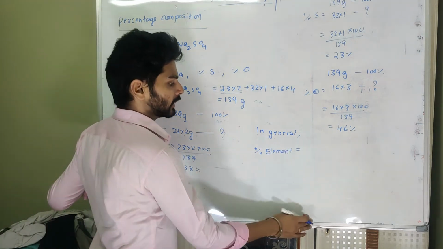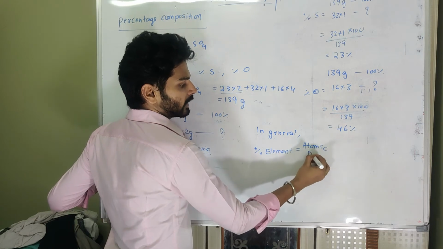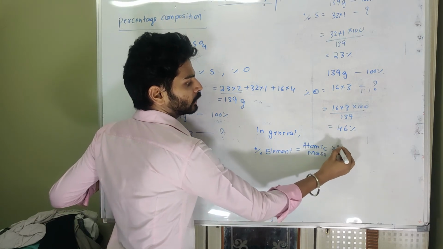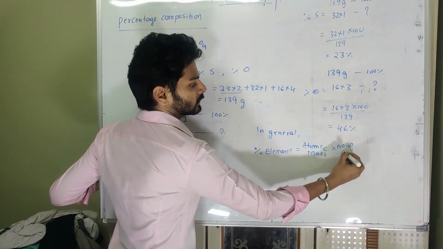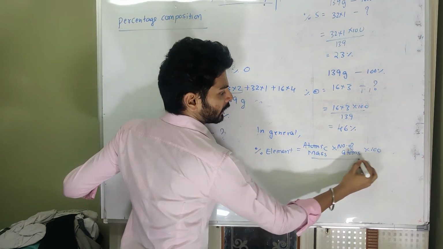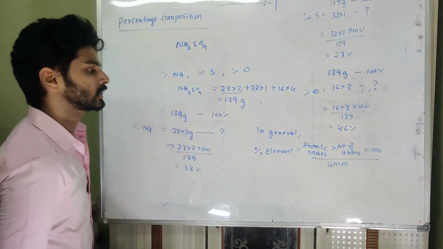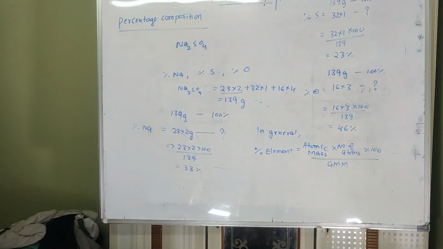So I can say percentage of element is equal to atomic mass of that element into number of atoms in one molecule into 100 divided by gram molecular mass. This formula will help us calculate the percentage of any element in that particular compound.